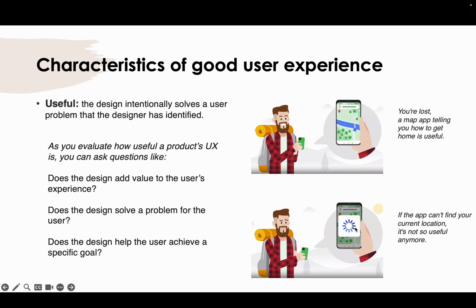But if the app can't find your current location, there are some issues happening here, and the app is not useful anymore. Determining if a product is useful is pretty straightforward. If it helps you solve the issue, it is useful. If it doesn't help you solve the issue, it's not useful at all.